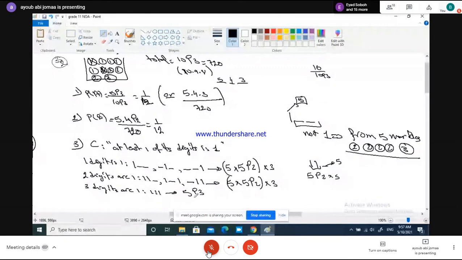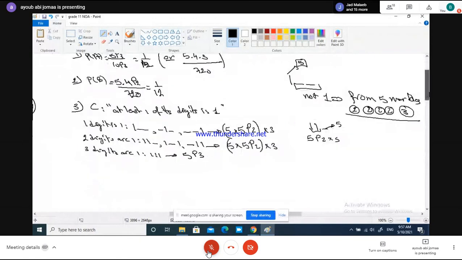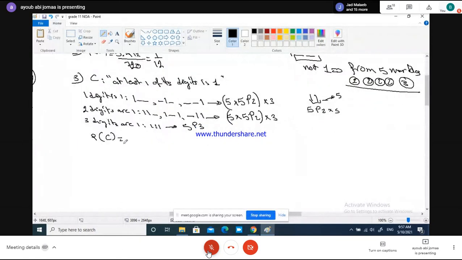Then the probability of C, أمهلك شوي بس خليني نكمل وبعدين نسأل. Then the probability of C will be the sum of these: 5 times 5p2 times 3, plus 5 times 5p2 times 3, plus 5p3, over the total, which is 720.